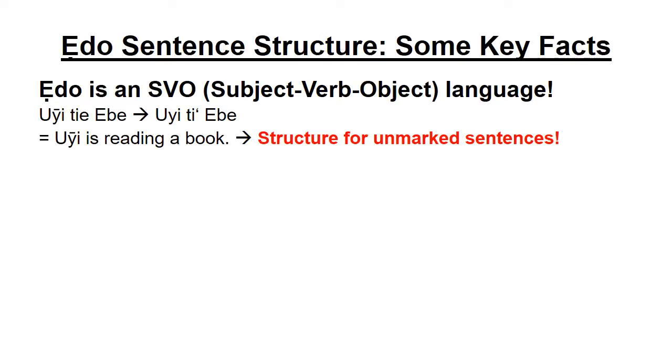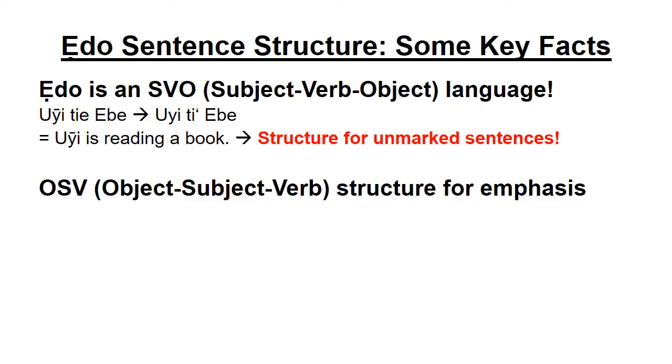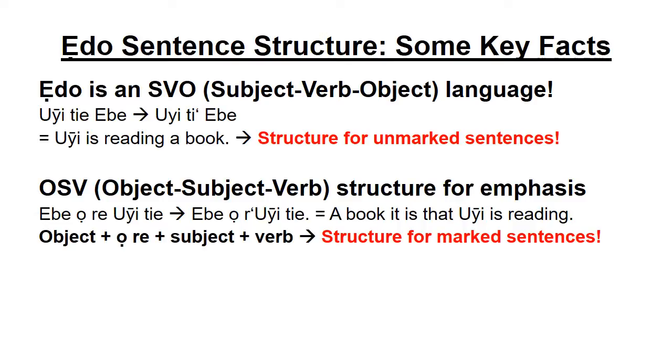This is SVO. But occasionally, Edo also allows OSV structure, depending on whether you want to lay emphasis on a particular part of the sentence. For instance, you can say ebe o Uyi tie, or because of the contraction there, ebe oUyi tie. So a book it is that Uyi is reading. That is when you translate it one to one.